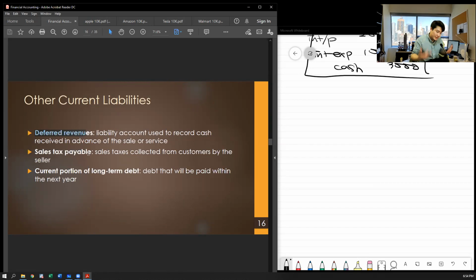So if you are a retailer selling goods to customers, you will collect sales tax at the transaction, and that sales tax will be reported under other current liabilities. And current portion of long-term debt, so we talked about this. If the long-term debt is due next year, for example, that will be recategorized under current liabilities. Okay.